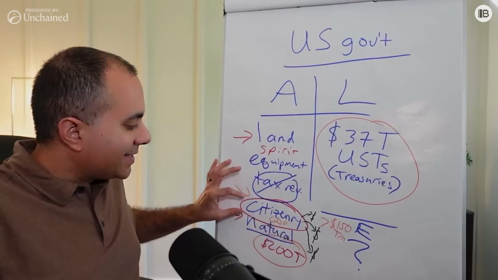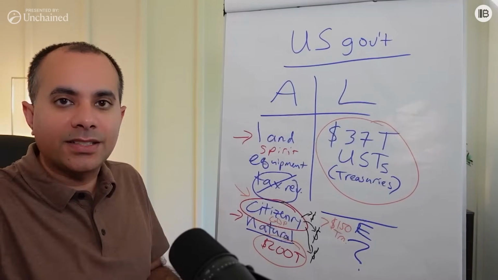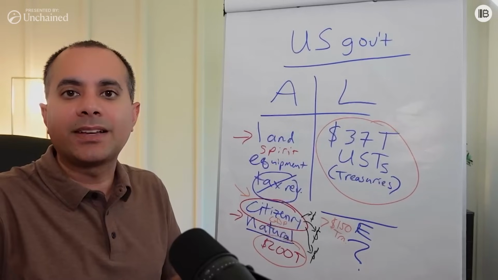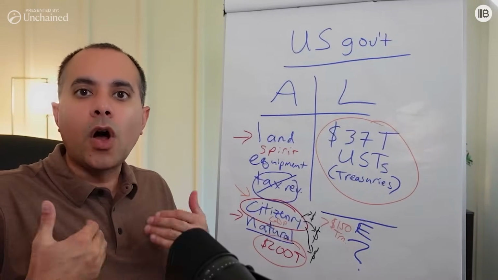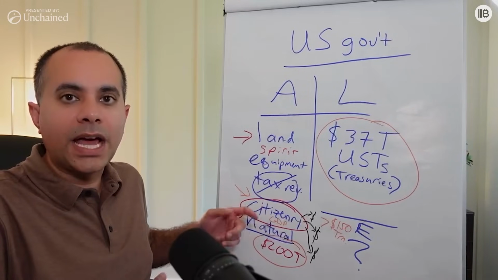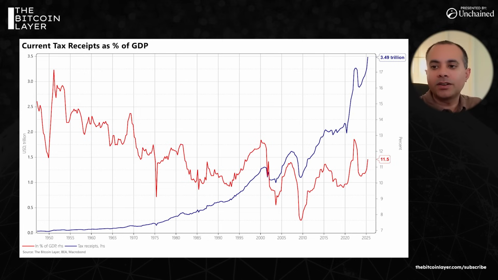This GDP is the citizenry, the asset of the government, the ability to produce economic activity and pay taxes, but then are those taxes being collected to help the country pay back its debt? And what we can see here is that about 11.5% of GDP is being collected into taxes, which can then go to service the debt.